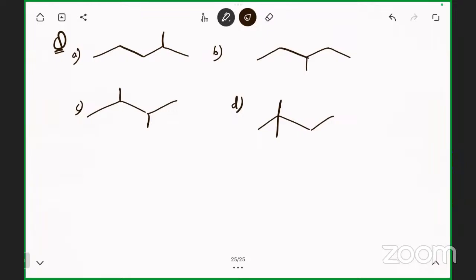Okay, to make it easier, you can do one thing. Instead of this, make it here. 1, 2, 3, 4, 5, 6 carbon. Yes.